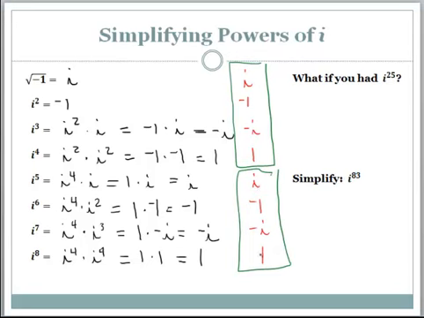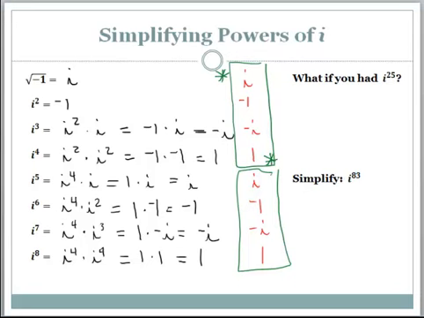That pattern will continue to repeat forever and ever, as long as these exponents keep increasing by 1. So really all you have to do is remember these first 4.